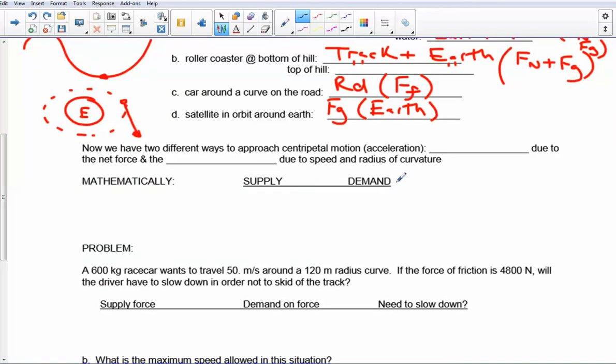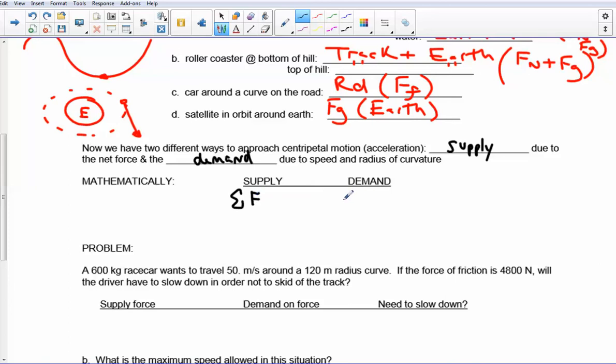We have two different ways to approach centripetal motion. We have the acceleration, which is a supply due to a net force, and then we have a demand due to the speed and radius of curvature. The supply is just the sum of the forces, and this is going to change depending on the situation: what are the forces acting on your object?